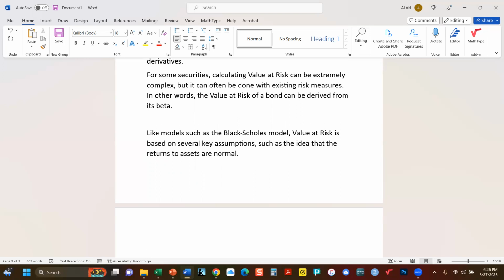The question is, how far off is this going to be? So we'll see pretty soon, when we get to that point, that this assumption, unfortunately, can lead value at risk to underestimate the true risk of an asset or a portfolio.